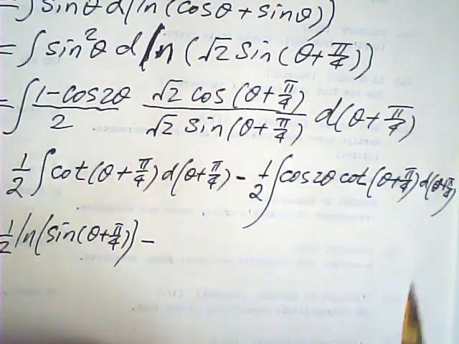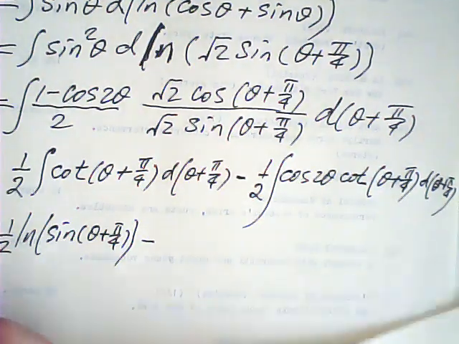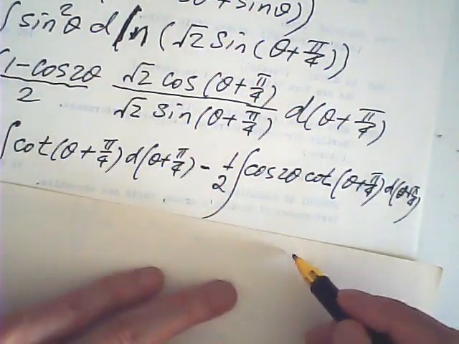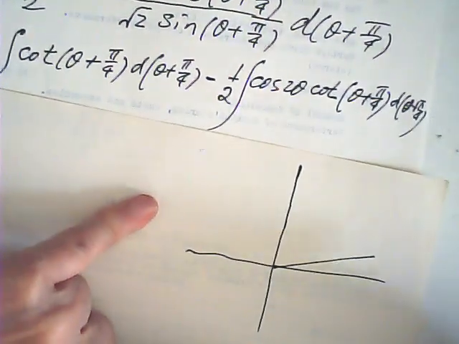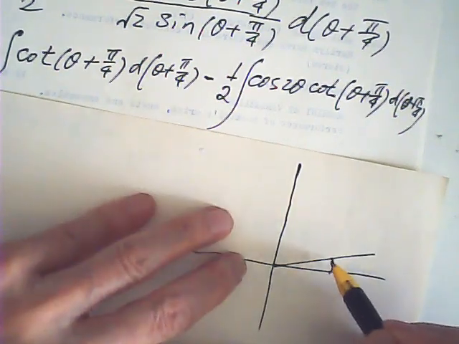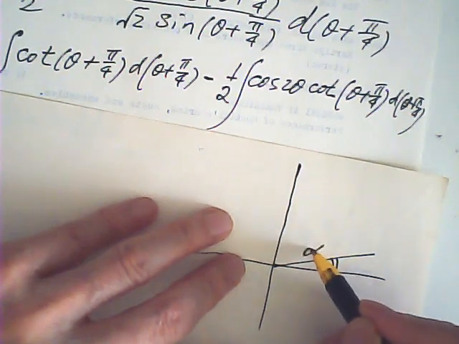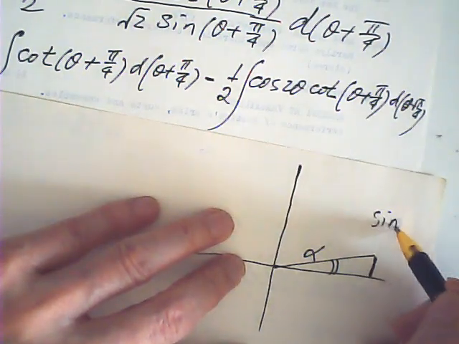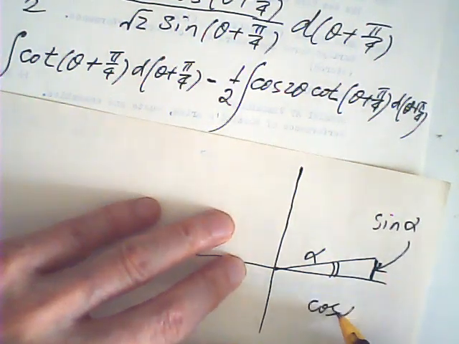Now here, let me use a nice paper trick here: the conversion of sine and cosine. If this angle is alpha, then this is sine alpha, right? This is sine alpha. This is cosine alpha.